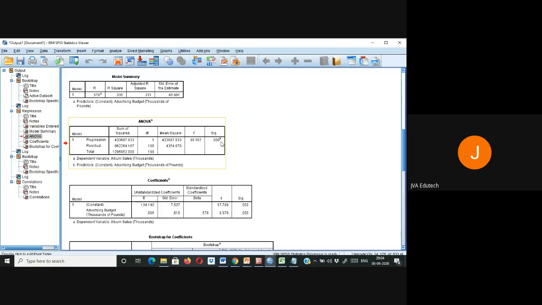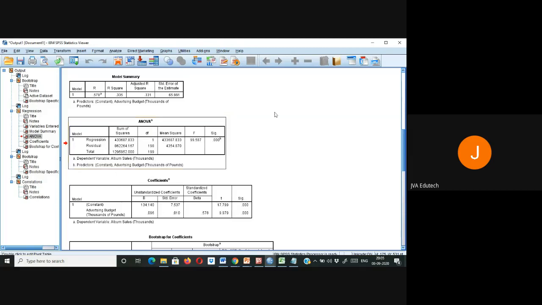So overall, this ANOVA, apart from these sum of squares, the first one being known as SSM, model sum of squares, then residual sum of squares and total sum of squares. This ANOVA table also tells you the significance, that whether your predictor variable is a good fit to be treated as a predictor in this model or not.